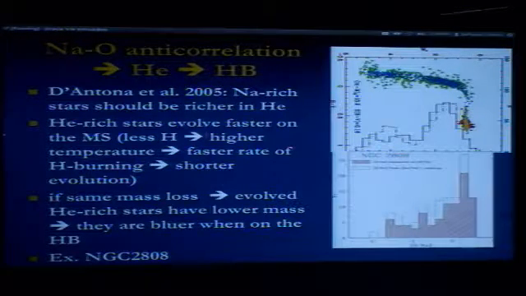Okay? So this explains the link between the sodium-oxygen anticorrelation that we have seen before and the variation of the position of the stars along the horizontal branch, so the second parameter effect. Okay, it came from here, from this variation in helium abundances.